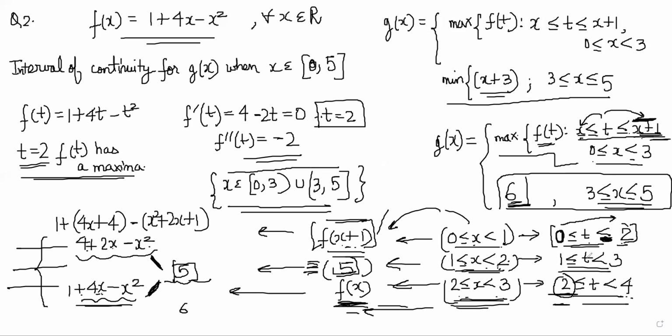No, actually the t range is here, no? This is the range of t in the second one, 1 to 3. So I think I've made some mistake here. This should be 3 to 4, no? I mean, x goes from 2 to 3. No, it should be 2 to 4 only. T goes from 2 to 4.